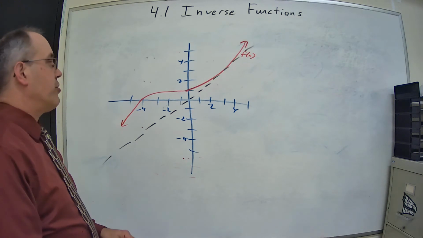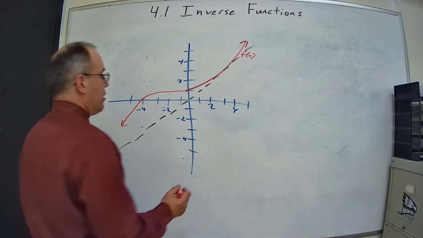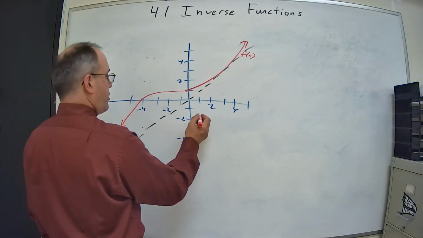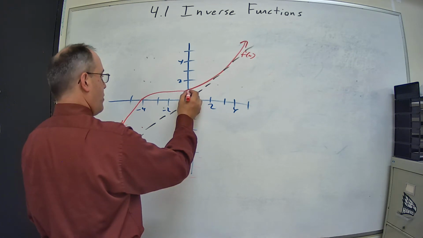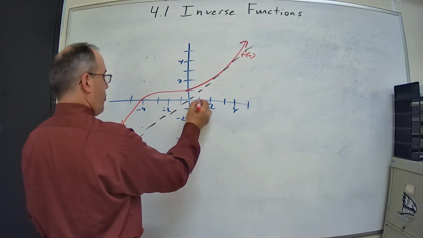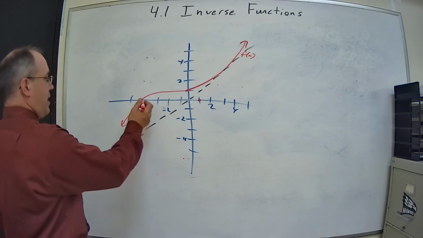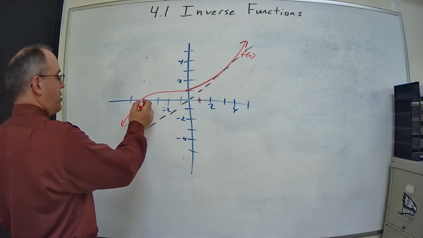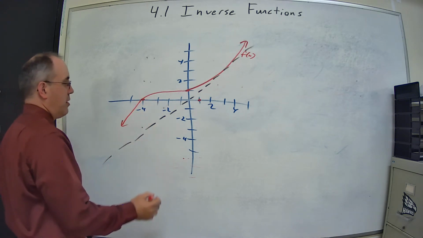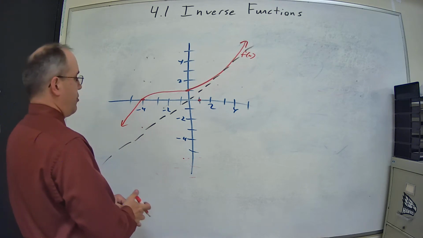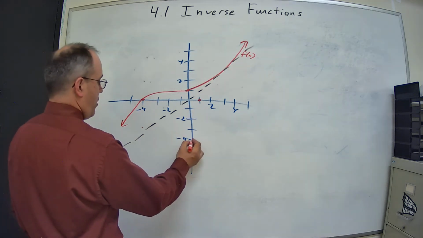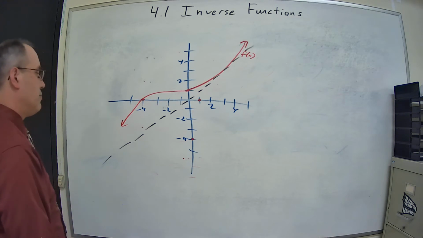So the inverse function is just going to be a reflection over that. I can see that I've got this point here, so I'm going to make that point there. I see that at -4, 0, I cross over. So I'm going to come over here to 0, -4, and crosses over there.